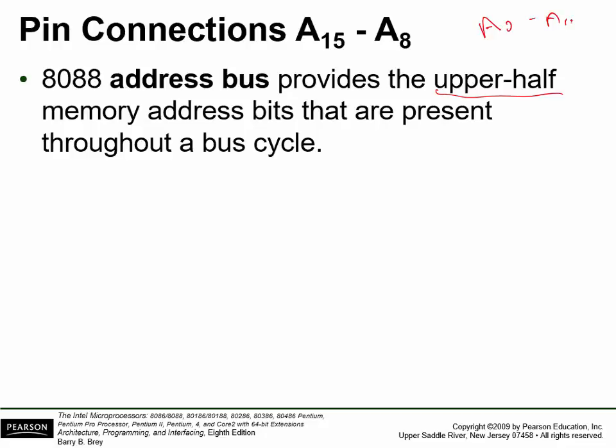There's 20 address lines on the 8086 and 8088. Four of them we'll talk about in a minute, and those are tied to the status bits. But on the 8088, the upper 8 bits, A15 through A8, are not multiplexed. They're just address bits all the time. So we don't save any pins there. The reason we do this is that we want to save pins.